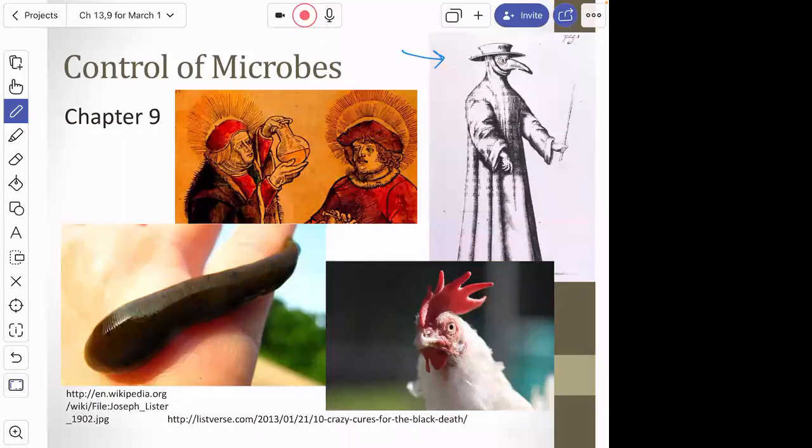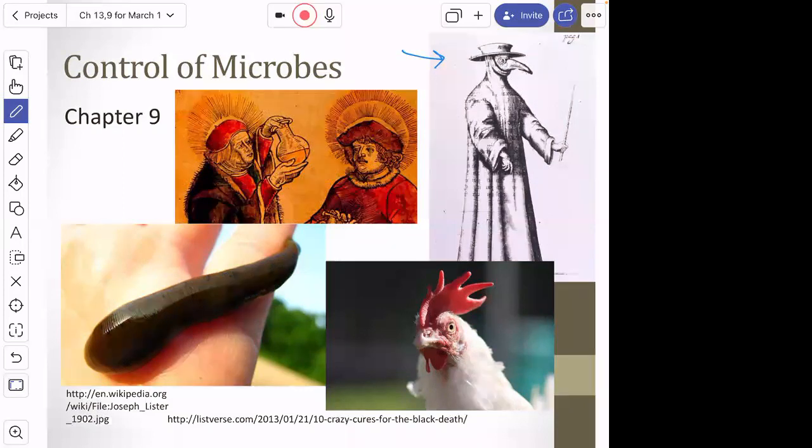So doctors wore these gowns when they were going out and trying to help people that had bubonic plague, especially. They put on these beaks. They would stuff herbs inside those beaks so that they wouldn't have to smell the smell of death, because their best guess was that disease was spread by bad air. So they wanted to keep themselves from breathing in that bad air as much as they could.